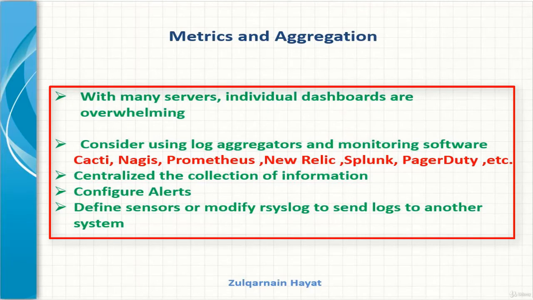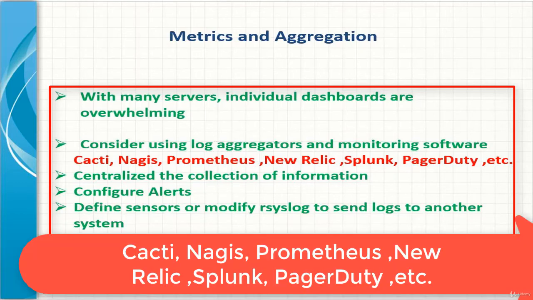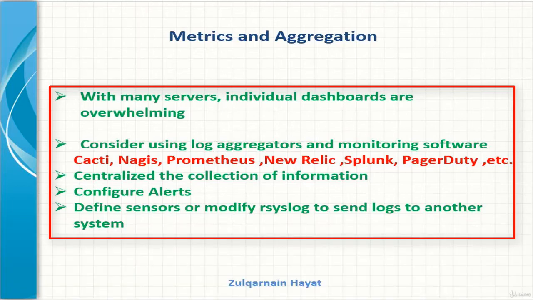Software like Cacti, Nagios, Prometheus, New Relic, Splunk, PagerDuty and others allows the logs and metrics from a large number of devices to be collected, queried and analyzed all in one place. And some of them let you set up alerts for behavior that's out of the routine.